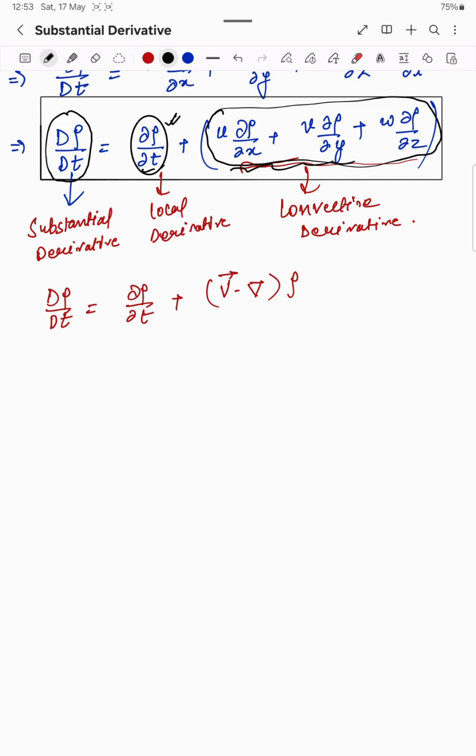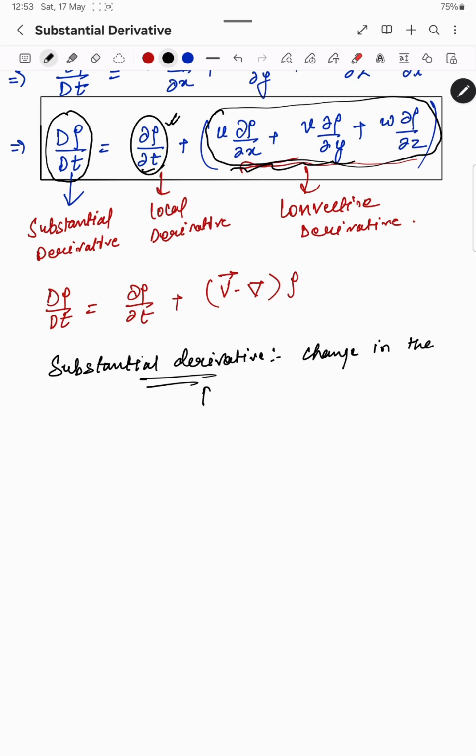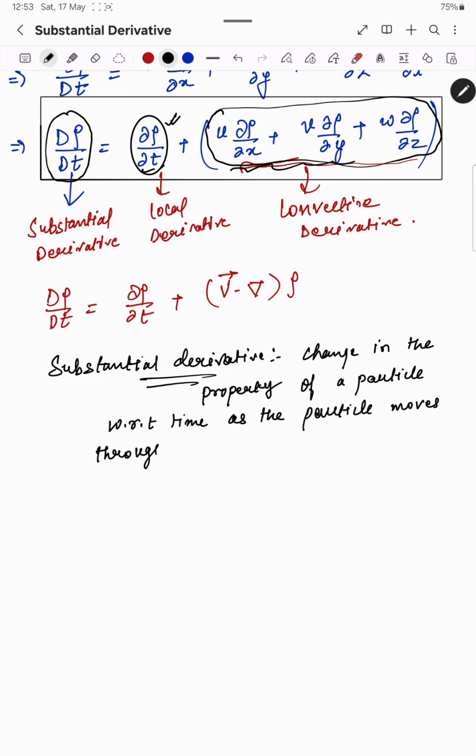So let me first write the definition of substantial derivative. Substantial derivative: it is basically the change in the property of a particle with respect to time as the particle moves through the space.